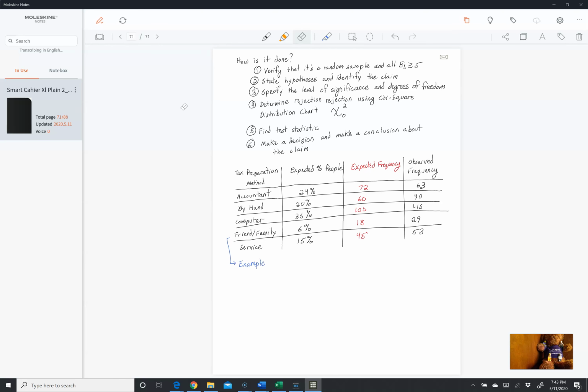So the example for this chart, we're saying that, because I have to give you the claim, right?